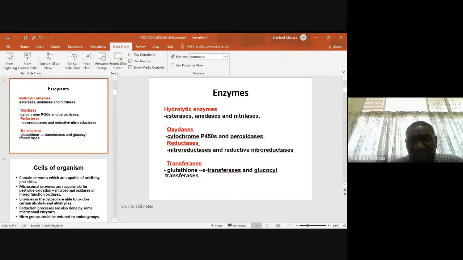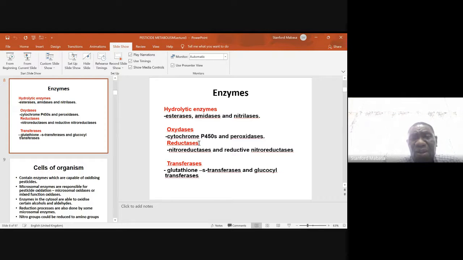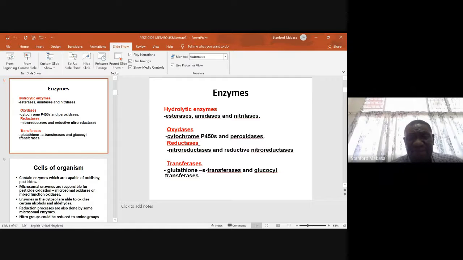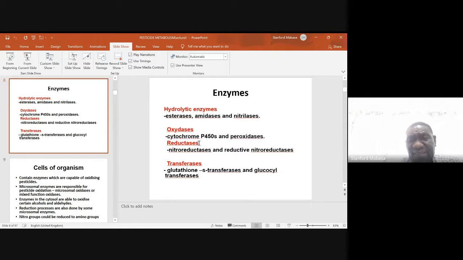Second, we have got the oxidases, where we have cytochrome P450s and the peroxidases. And we also have reductases. Reductases, we have got nitro reductases, and we have got reductive nitro reductases.